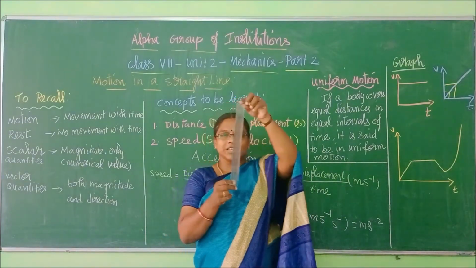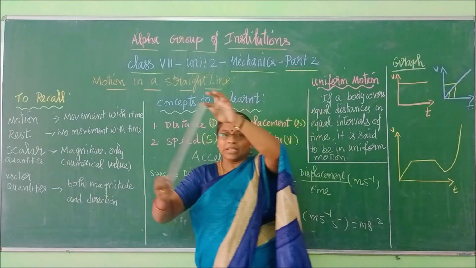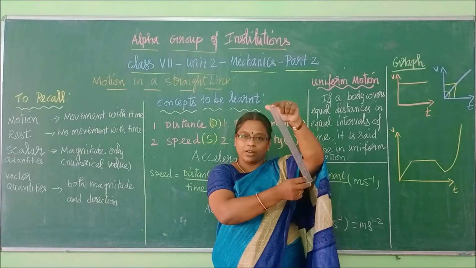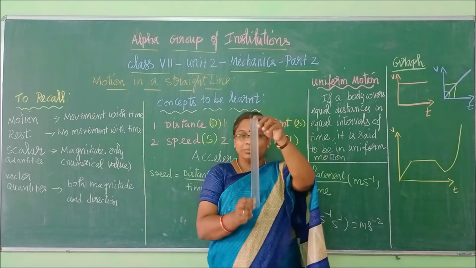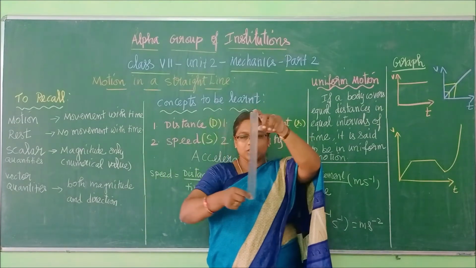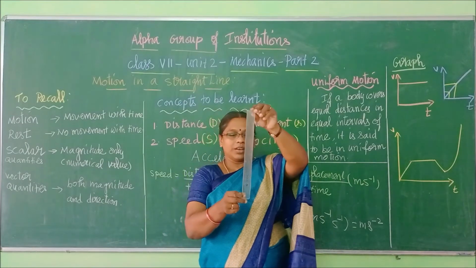Now it will hang like this. For 1 second, it will go to that side, and it will come back to this point in 1 second. Or else you can count like this from the center. It will go to that side and come to the center. That is 1 second. Easily you can remember like this.